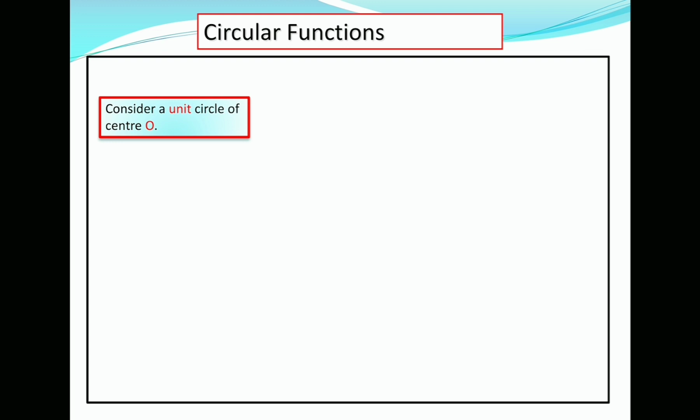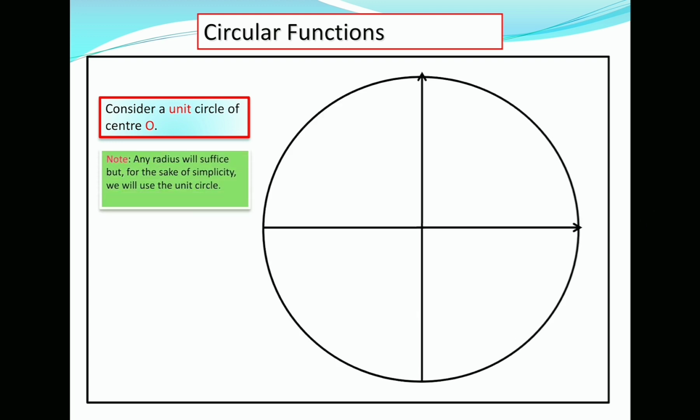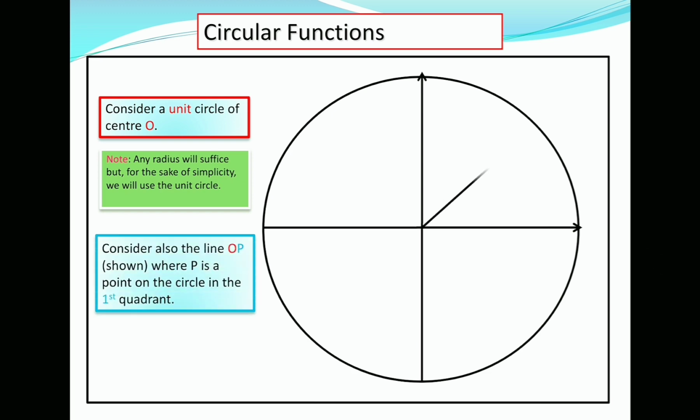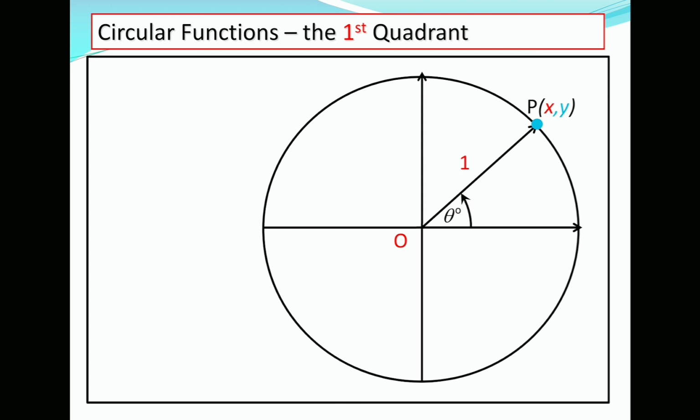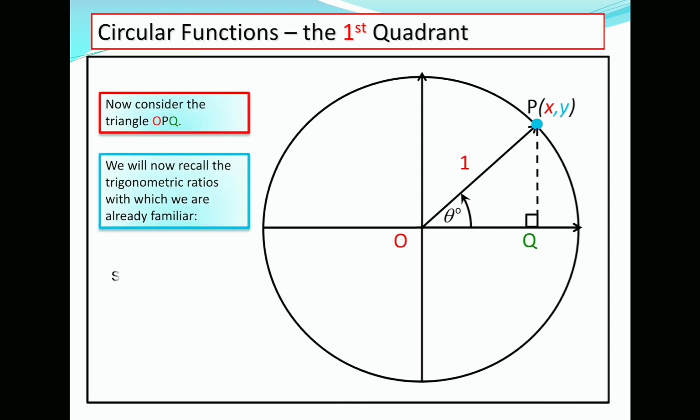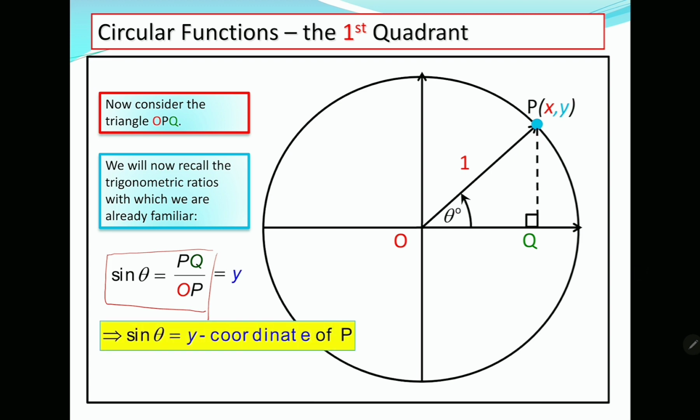Next, consider a unit circle with center O and radius 1 for simplicity. There is a point P at an angle theta. Sin theta can be written as PQ upon OP, and as we know, OP is 1, so sin theta is PQ only, which is the y coordinate.